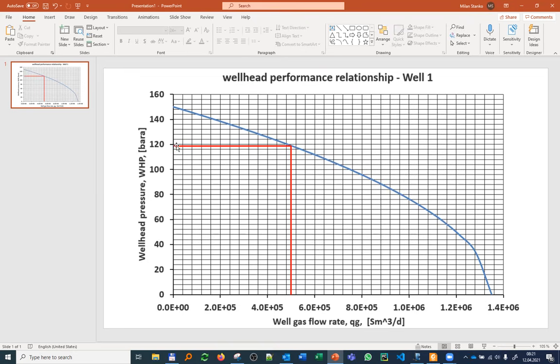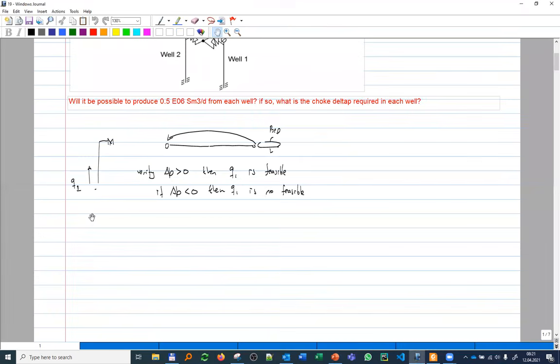So this will be maybe 119. Okay, so we obtained from here approximately 119 bar. This is the pressure that is available at the wellhead when I'm producing 500,000.